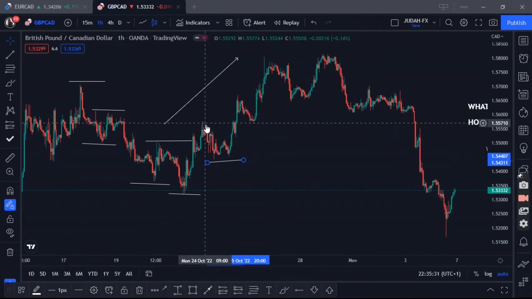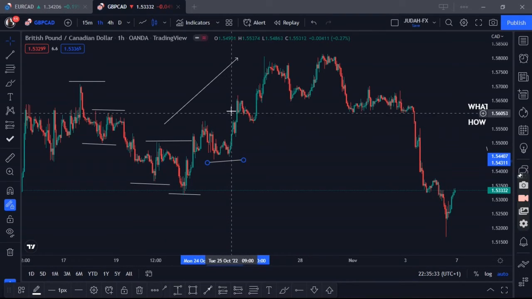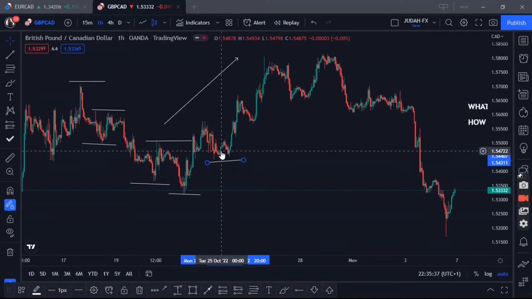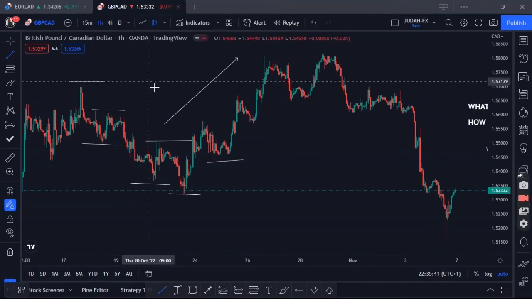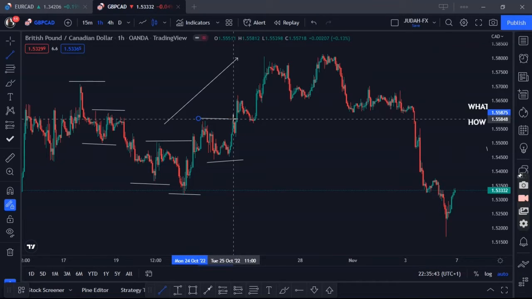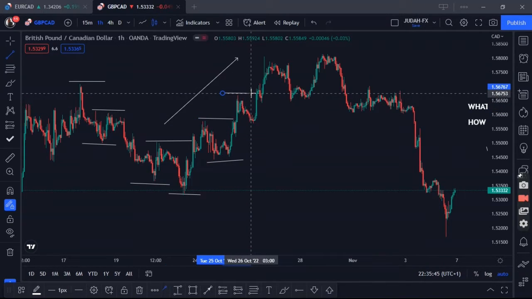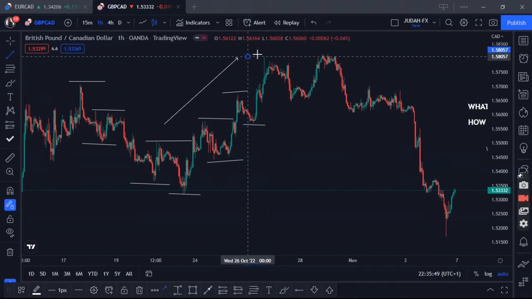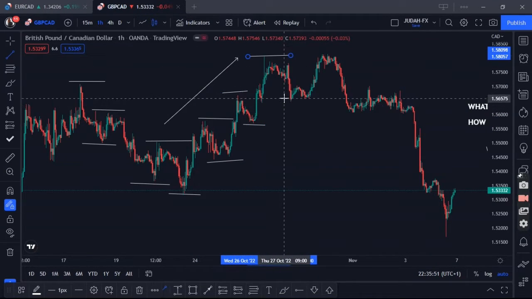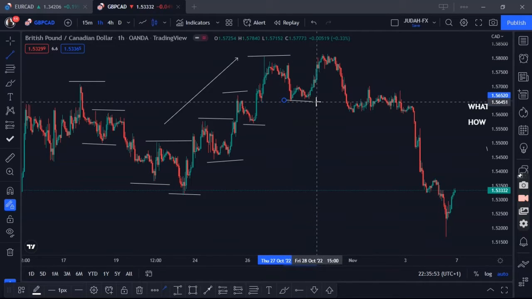As it broke the structure, we can see that it continued up and formed a higher low, and then went all the way up, broke the structure again, giving us a higher high.